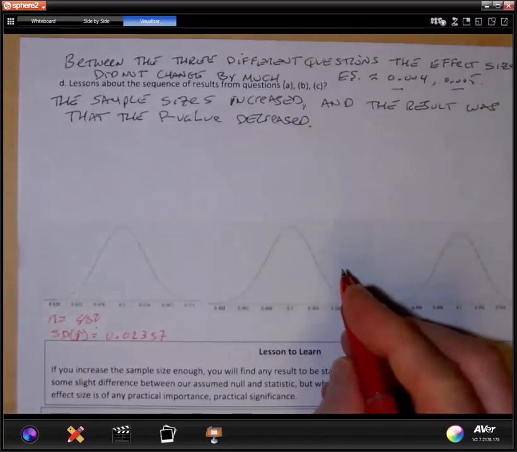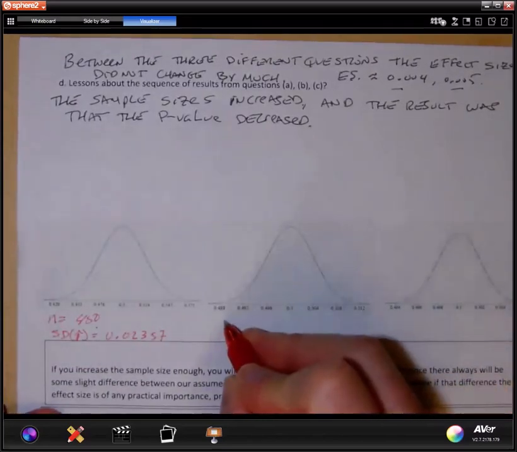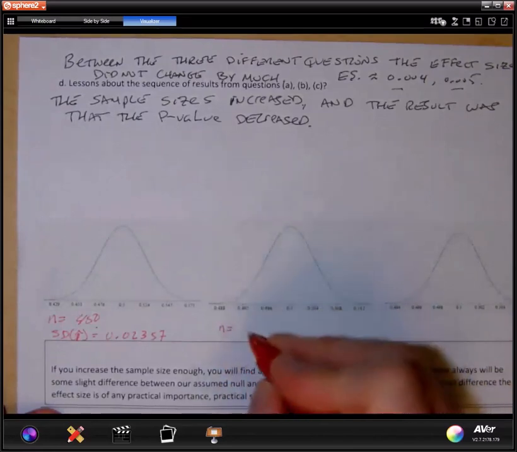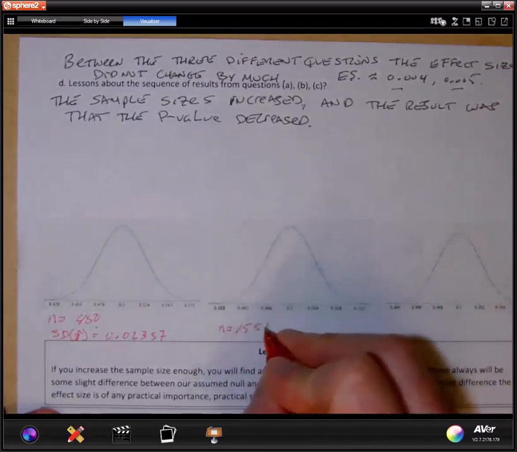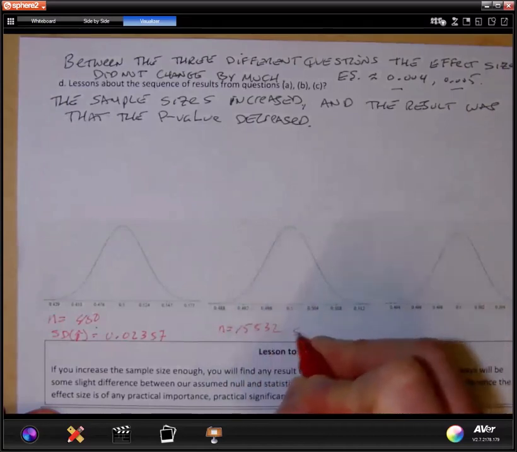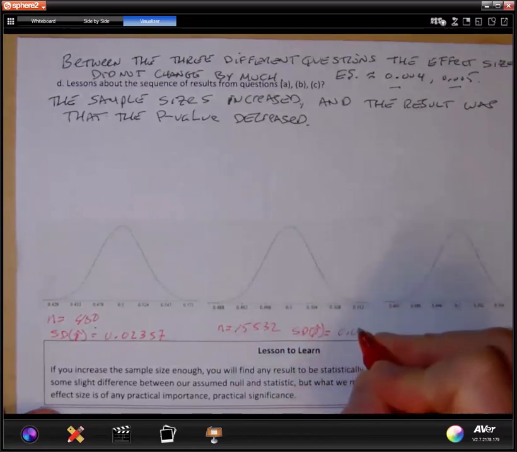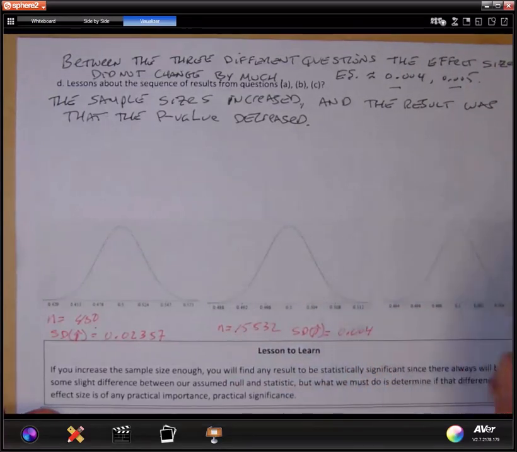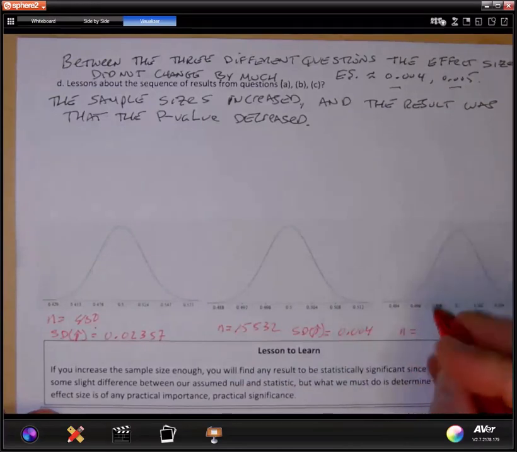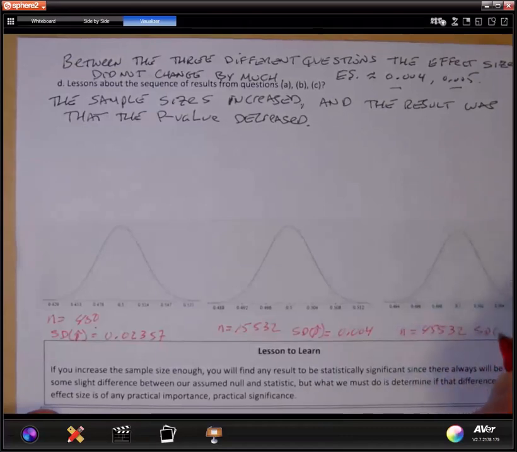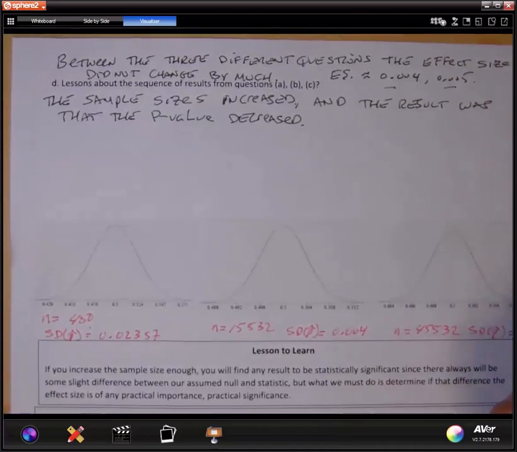The second one, this was a sample size of 15,532, and the standard deviation for this one approximately was 0.004, and the last one for n equals 45,532, standard deviation had gone down to 0.002. So half, little less than half of this one.